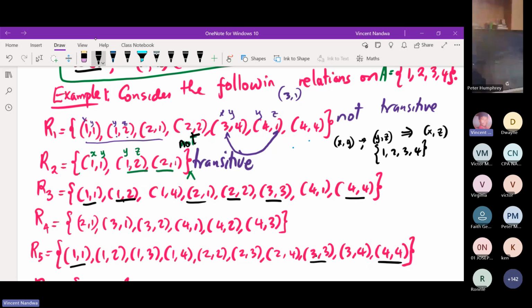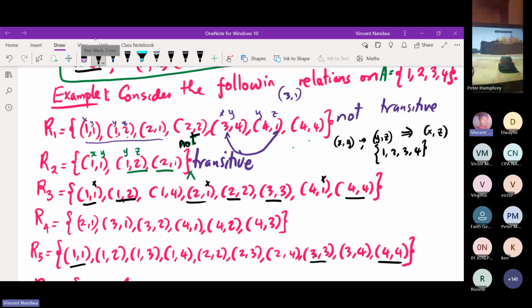So this is what I mean. Let's scan through and see. In this bracket, I have 1 as my second element. Here I have 1 as my second element, and here I have 1 as second element.